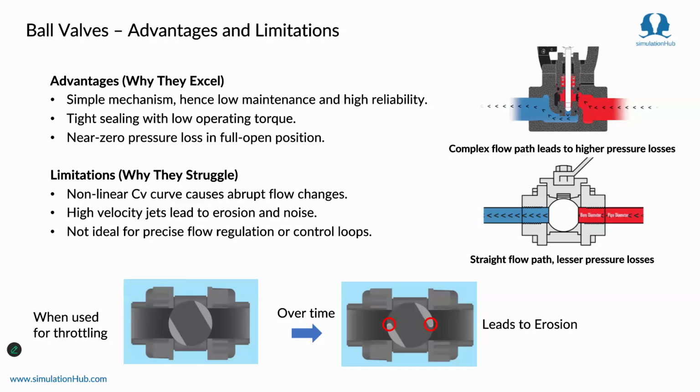To get precise control, not as precise as a globe control valve but very close to it, while at the same time having much lower pressure losses than globe valves, we have to make some modifications to this design. So here we introduce the V-port concept.